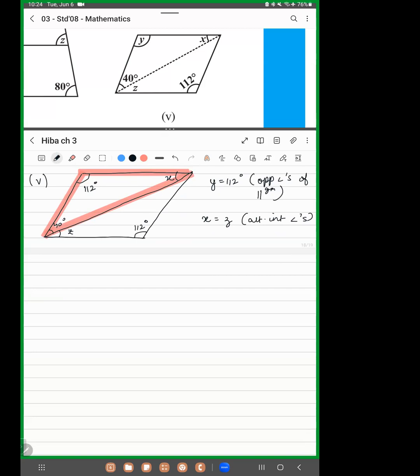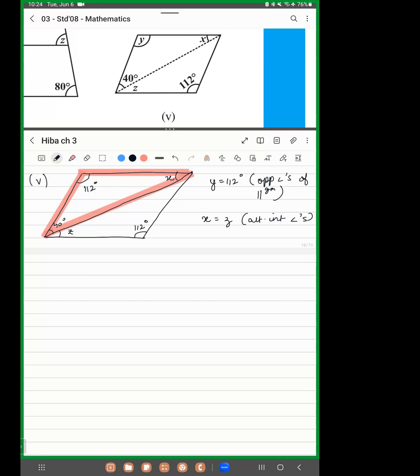करिए. It's going x is equal to 32 degrees. x is equal to 32 degrees. Are you sure about that?